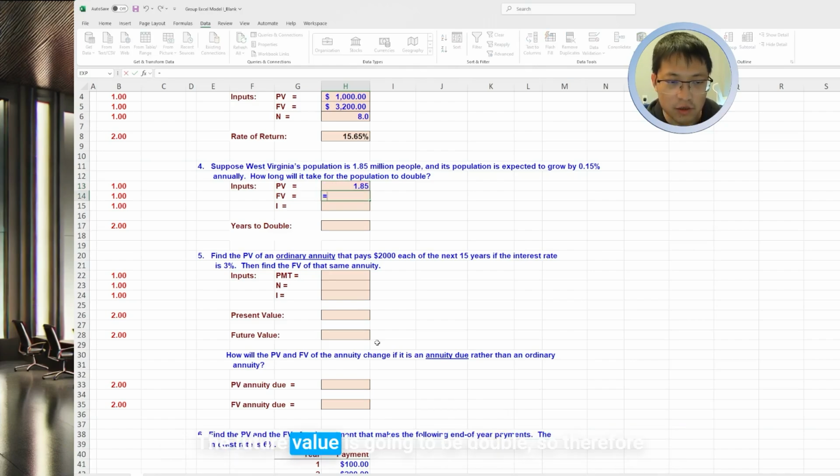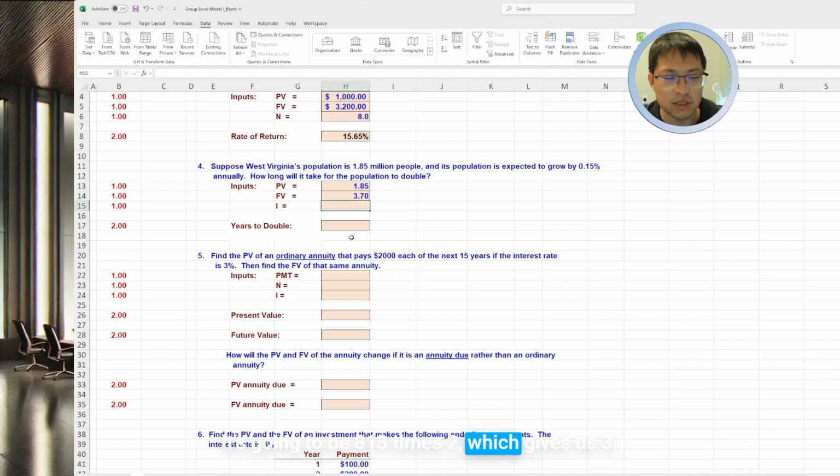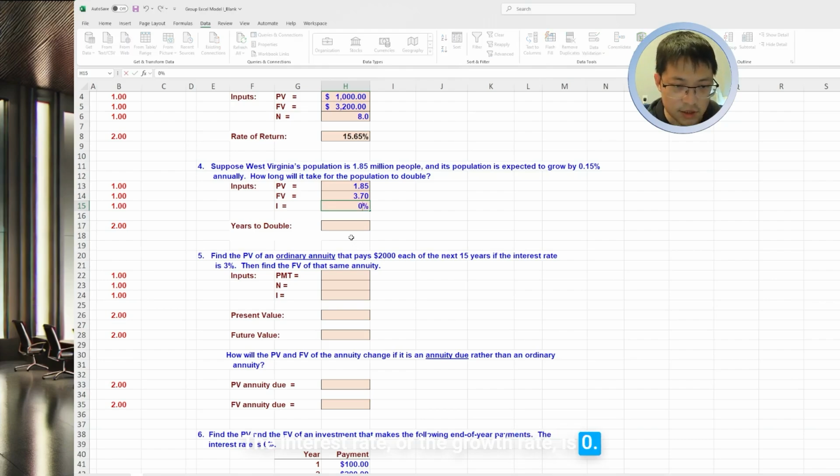The future value is going to be double, so it's 1.5 times 2, which gives us 3. The interest rate or the growth rate is 0.15%.